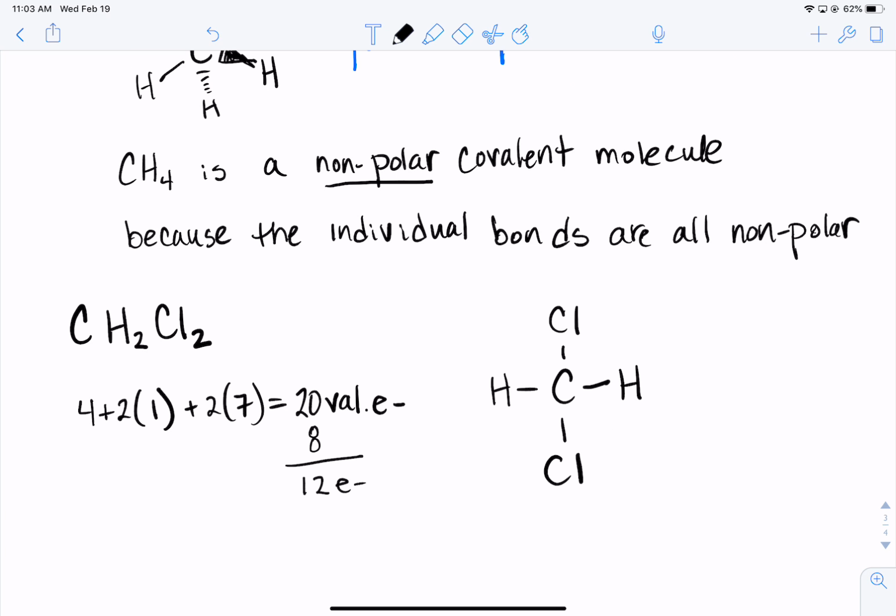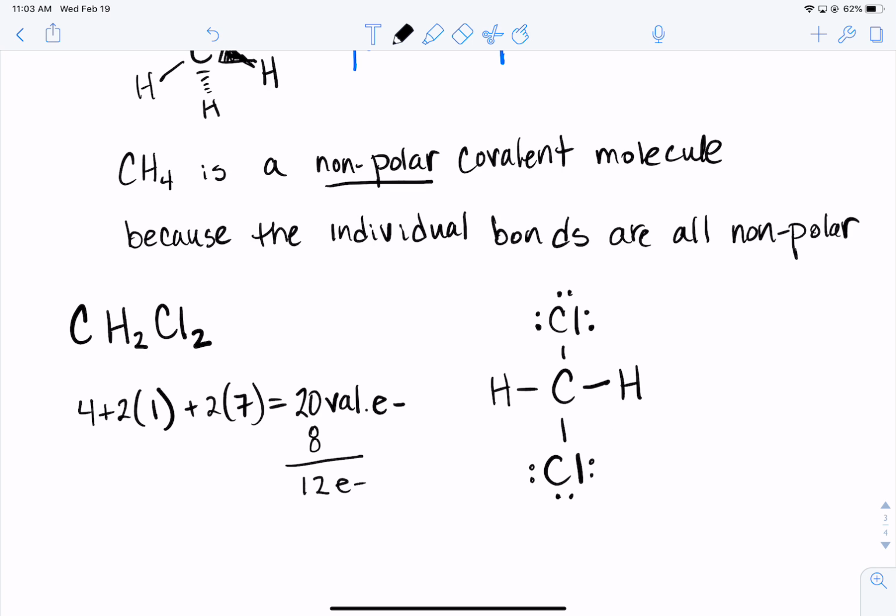It's achieved duet. So the chlorines, they need to achieve octet, and it just so happens, perfect, we've got 12 left over, and I got 2 chlorines. So I'll distribute the 6 right here and the 6 right here. So chlorines are now happy, hydrogens are happy, and the carbon is happy.